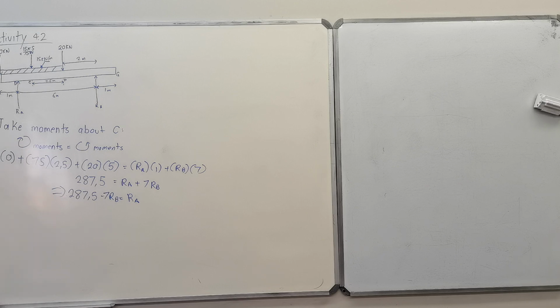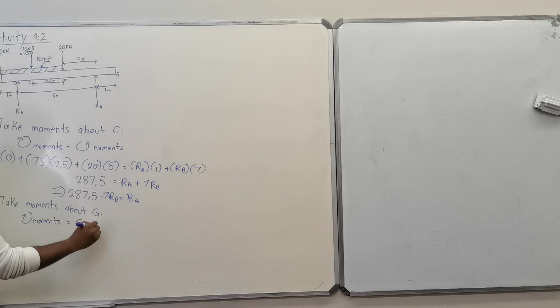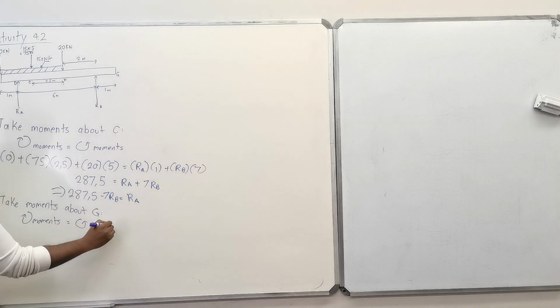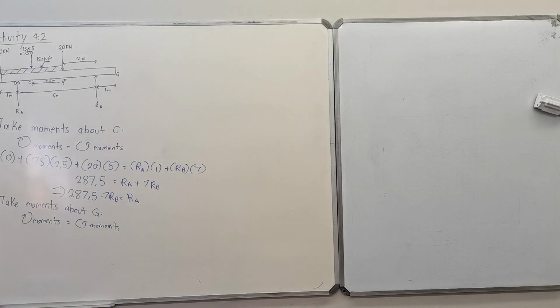So we'll take the moments about G. Same story as how we did this. Clockwise moments is equal to anti-clockwise moments. Now we're looking at G. What would cause the other end to move in a clockwise direction?